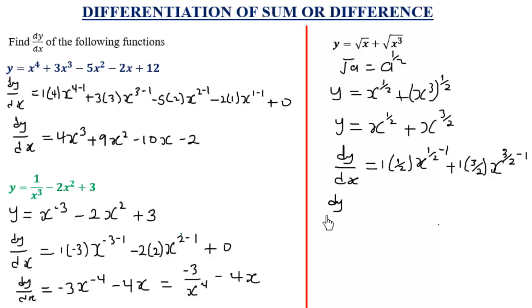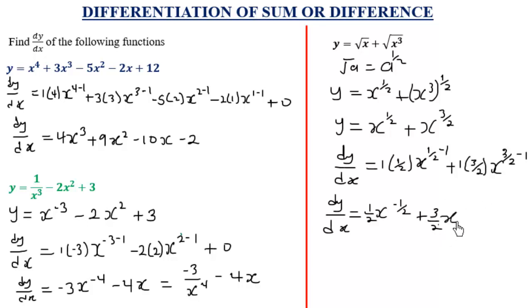Therefore dy dx is going to be, now 1 times half will give us half. Now you bring your x here, so half minus 1 gives you negative half, and then plus 1 times 3 over 2 is 3 on 2.